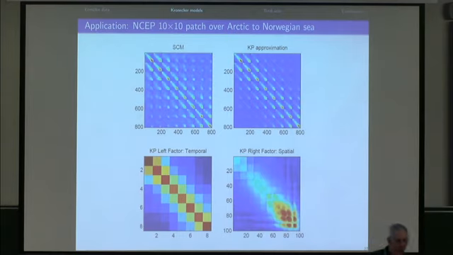You can do the same thing with the Kronecker sum representation, except you're going to get somewhat different models. We haven't pursued exploring this as an initial phase of developing models for temporal and spatial components separately, but this would be a first step that you would take in building such a dynamical model that would fit this covariance.